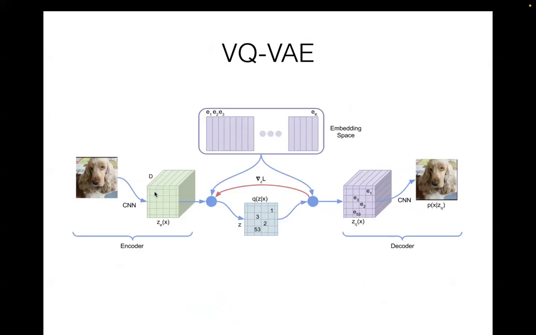For each one of these patches, you do a separate lookup operation, and so at the end of the day you have multiple numbers corresponding to an image, each one being one of these lookup vectors. So you can see here in this position, codebook vector 53 was selected.